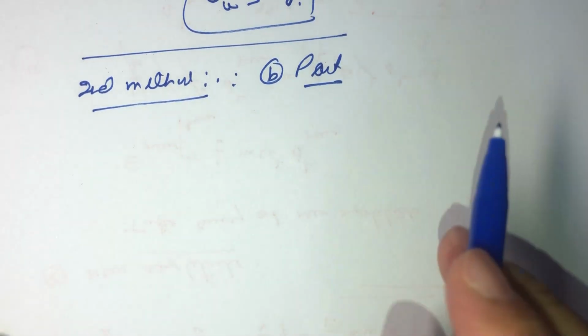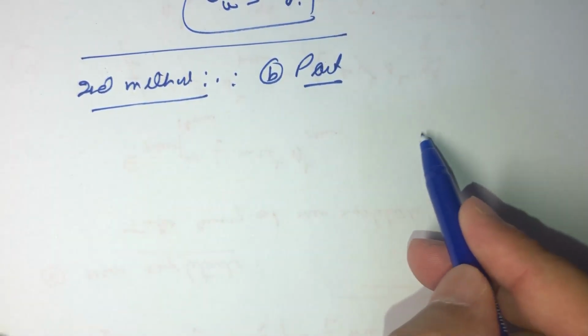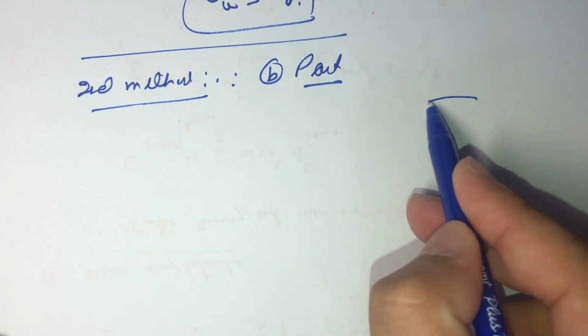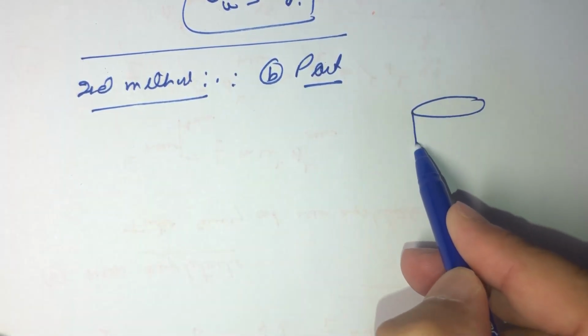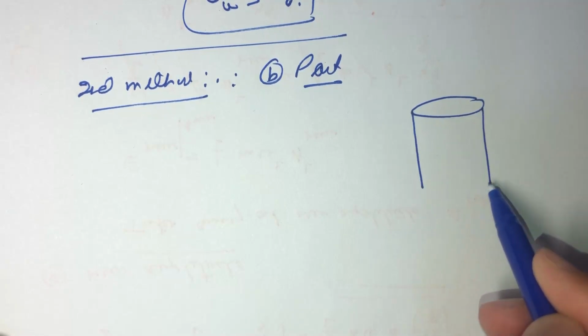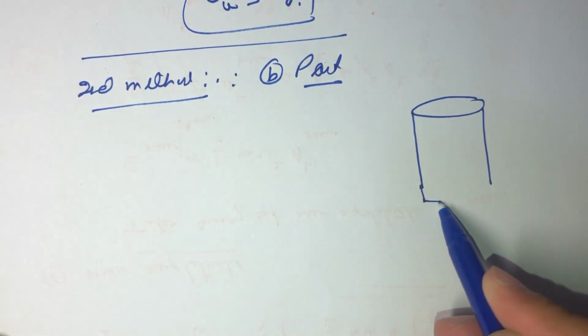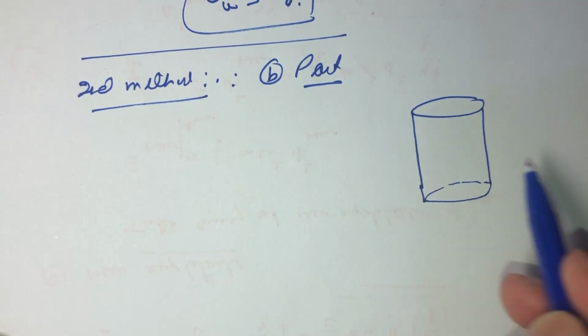So in this case, in the question itself, it is given that we have a cylinder, and that cylinder is half submerged in water.